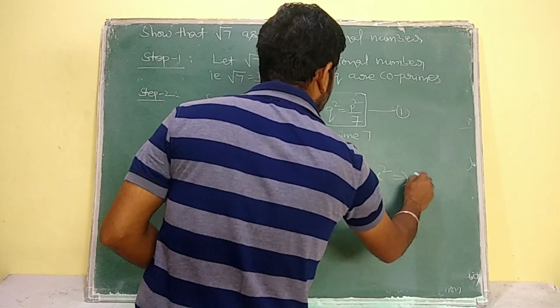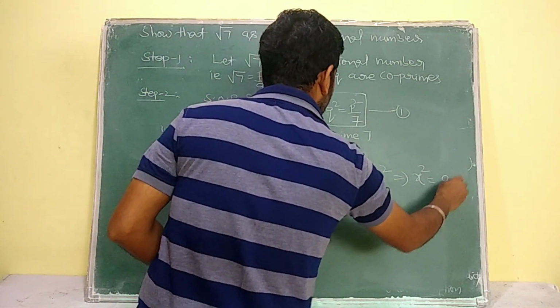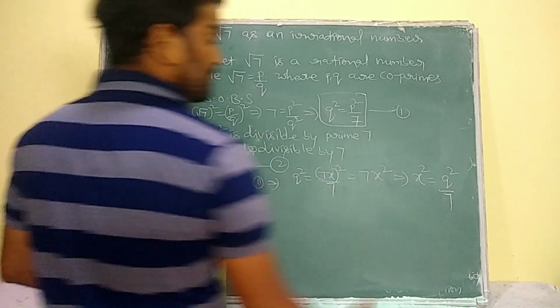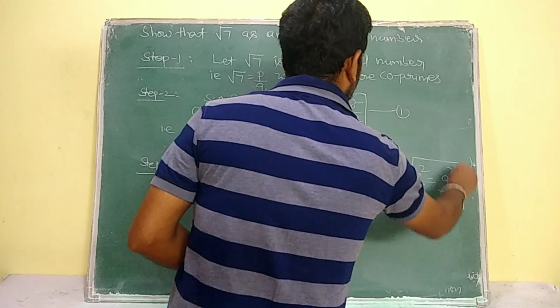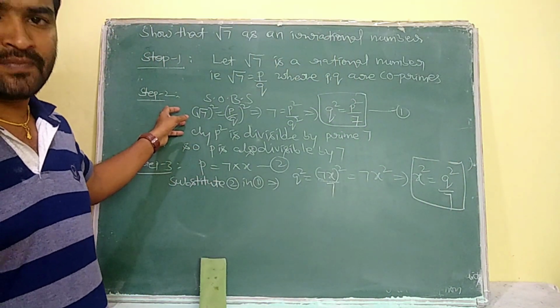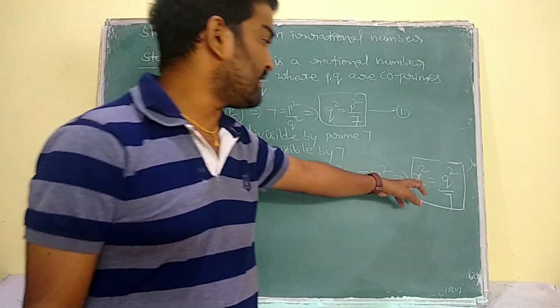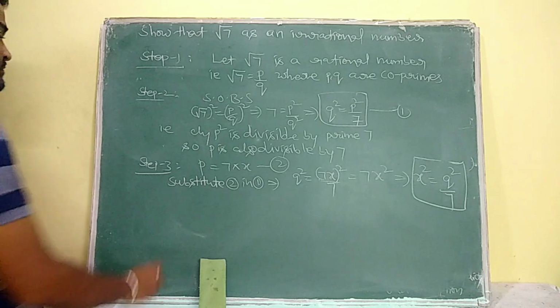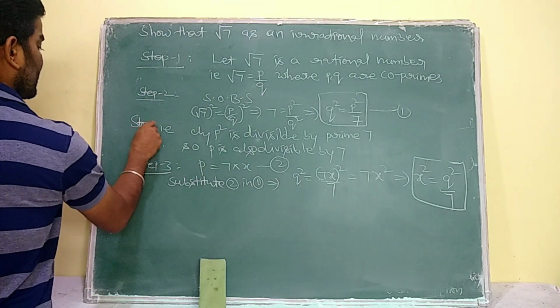Now I will write from this x square is equal to q square by 7. This 7 is going to be transferred to the left side. Now just observe this one. Again this step 2 is going to be repeated here. So x square is equal to q square by 7 means, sorry, this is step 3.